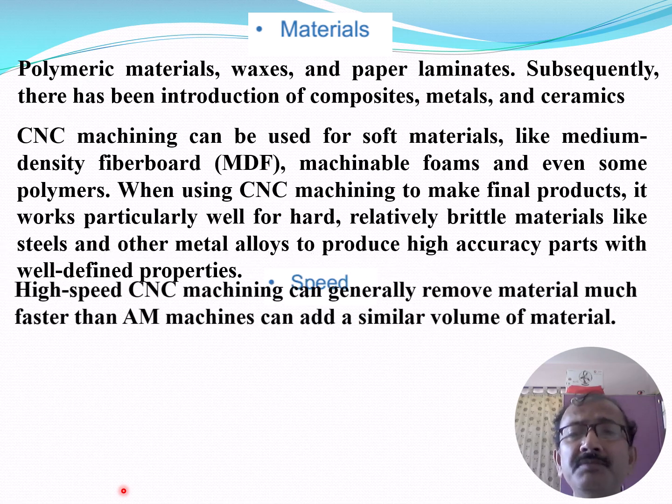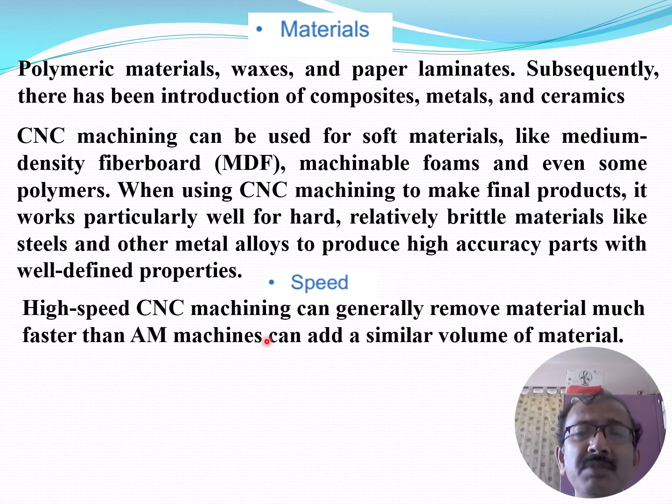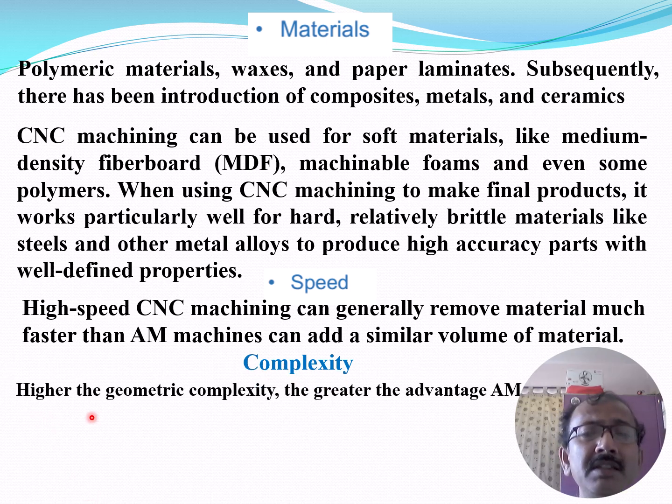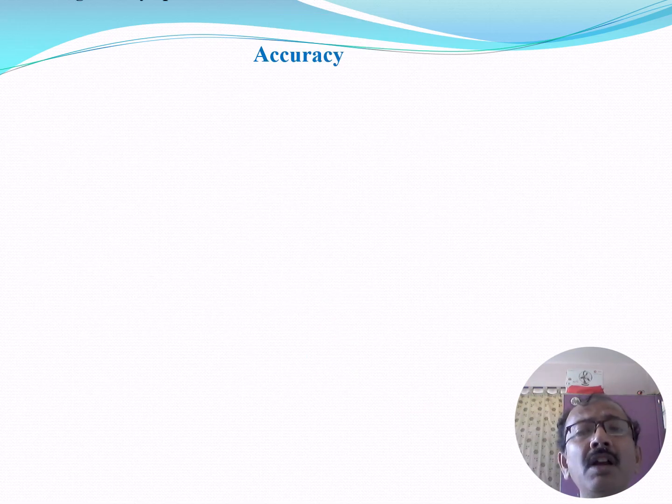Now, what is the speed? High-speed CNC machines can generally remove material much faster than additive manufacturing machines can add a similar volume of material. Now the complexity. The higher the geometric complexity, the greater the advantage of the additive manufacturing system. Now the accuracy.